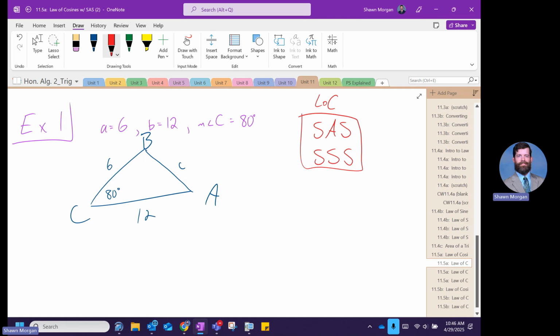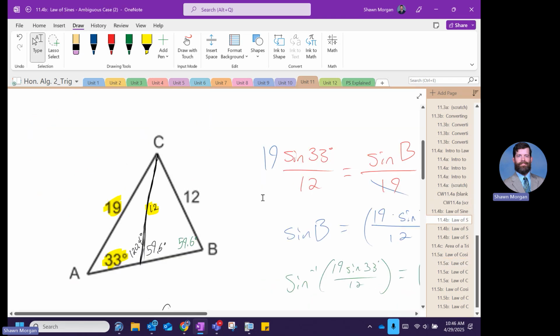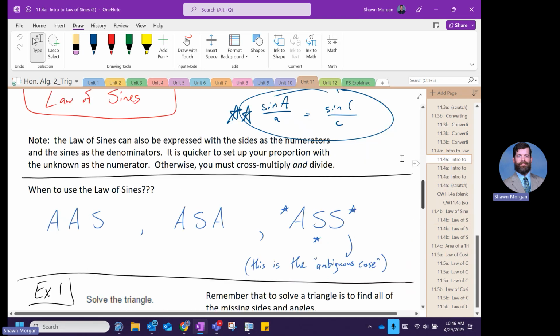And the law of sines, we talked about earlier this week, is used when you have AAS, ASA, or ASS. That was the dirty word you said earlier. Big A over little a.